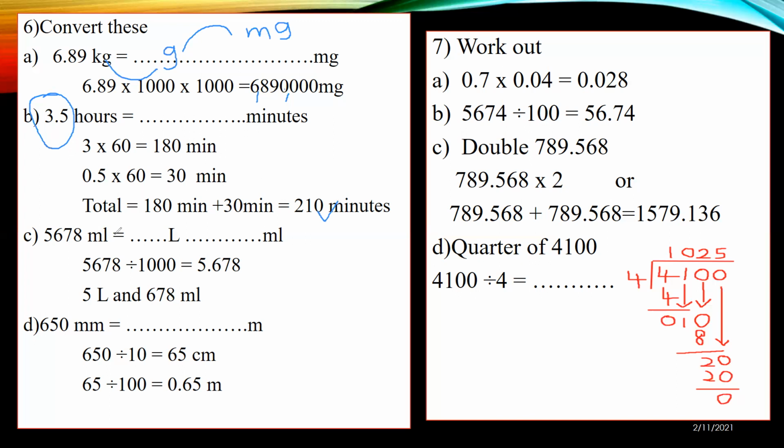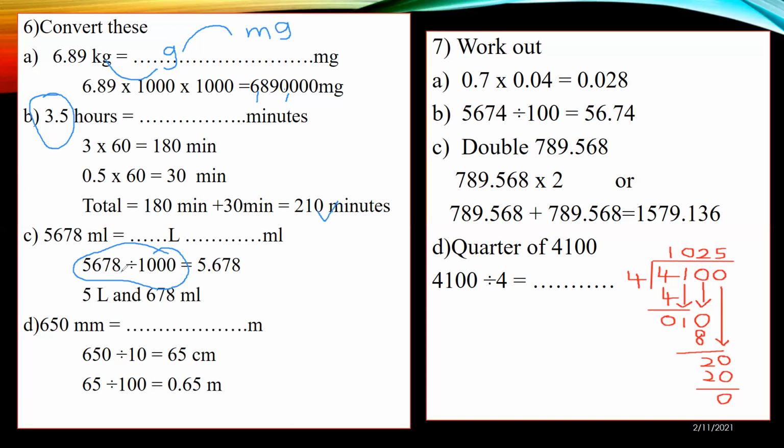5,678 milliliters, you have to write in liters and milliliters. We know 1 liter equals 1000 milliliters. So this number you can divide by 1000. When you divide by 1000, you have to move 3 decimal places front. Now in this number, you don't see any decimal place.